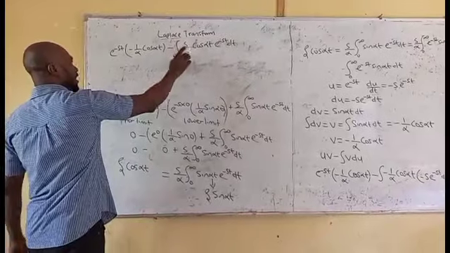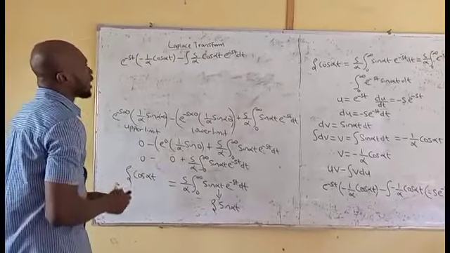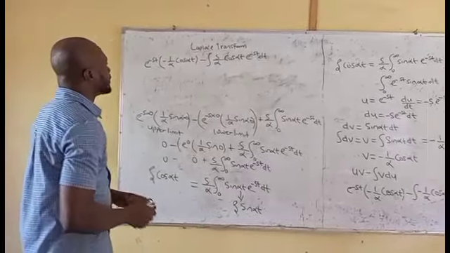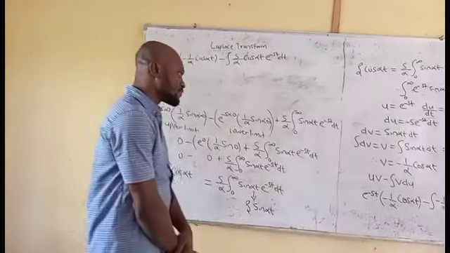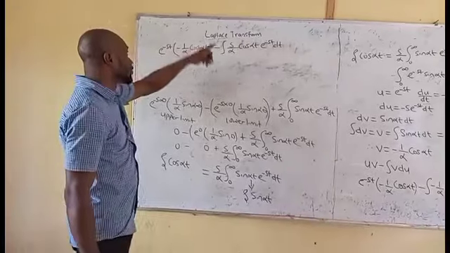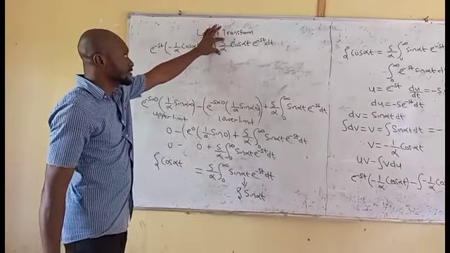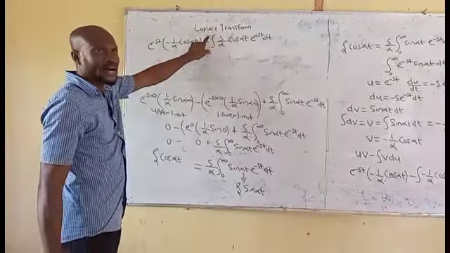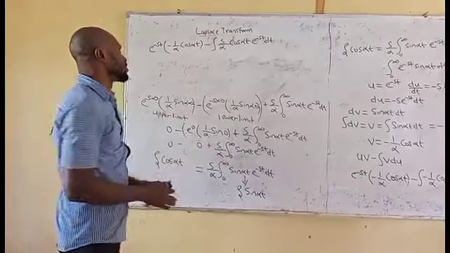So this x over alpha is a constant. So you bring it out from the integration sign.